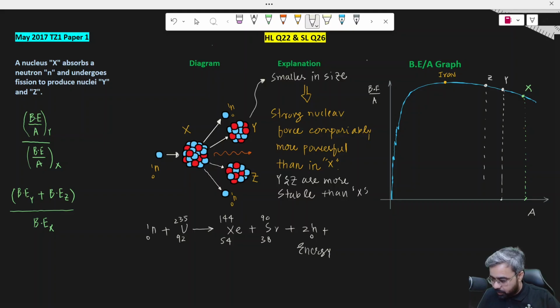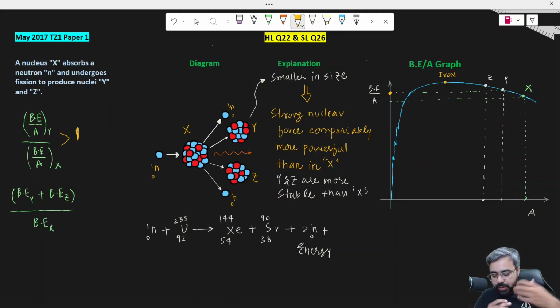On this basis, don't you think that the binding energy per nucleon for Y is obviously more than the binding energy per nucleon for X? What we see here is exactly that. So if the binding energy of Y is more, then the ratio should be greater than 1 because it is more.